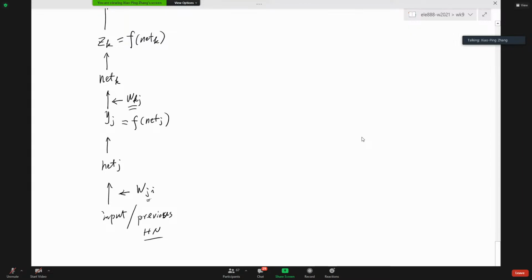The first subscript is the output node, the second is the input node. J is the input, k is the output here, and this is the hidden layer.